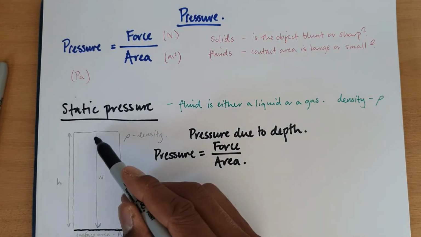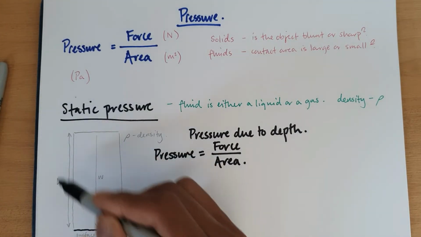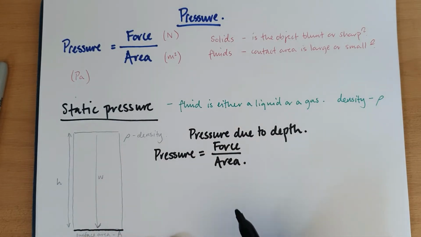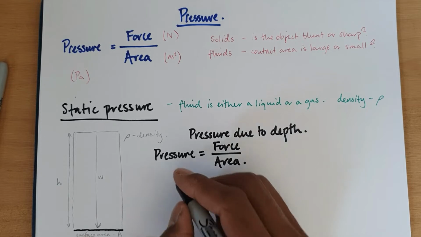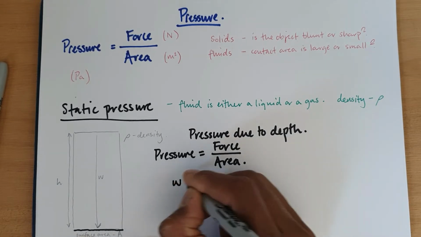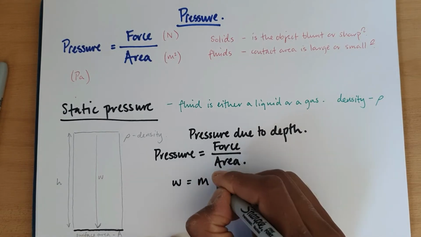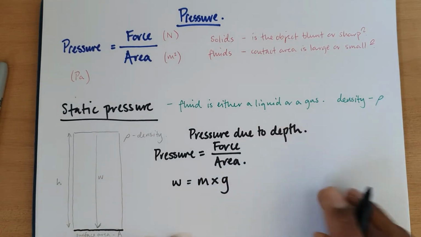The force that this liquid exerts on this surface area is the same as the weight. So this is W. Now the weight is equal to mass times the gravitational field strength.